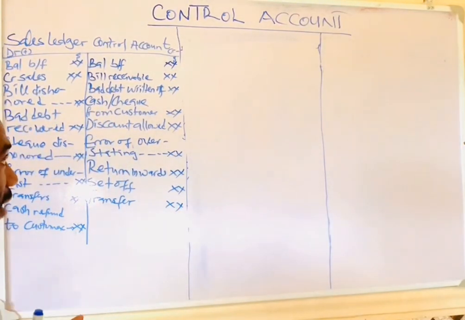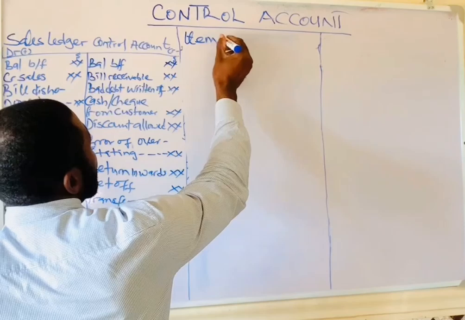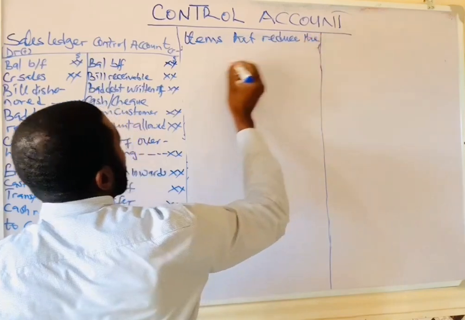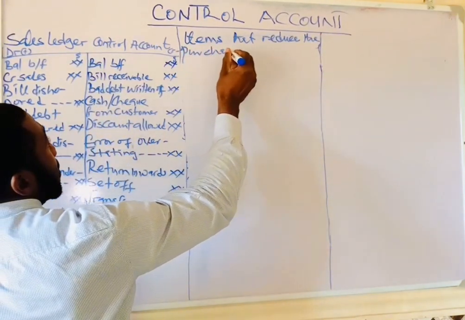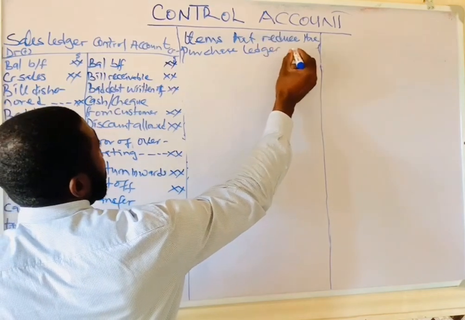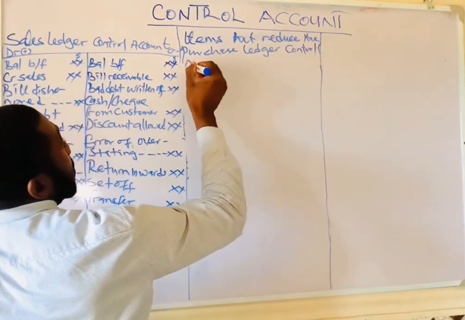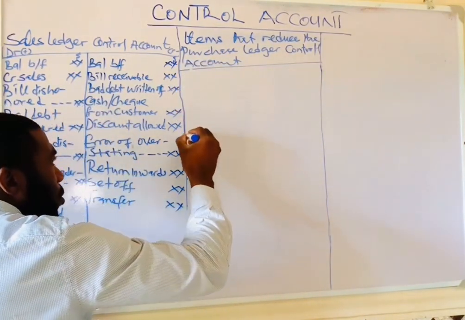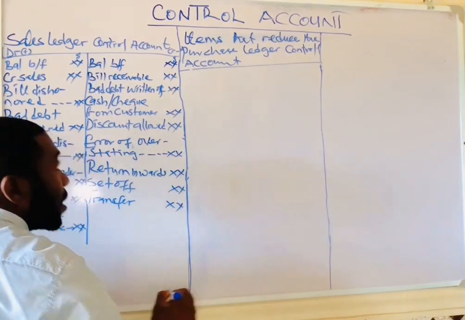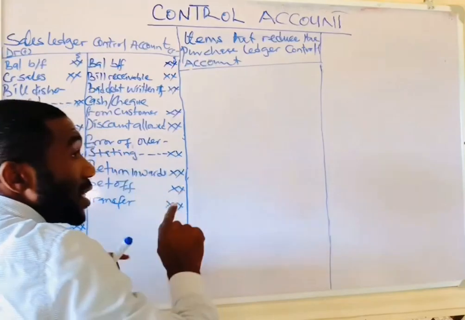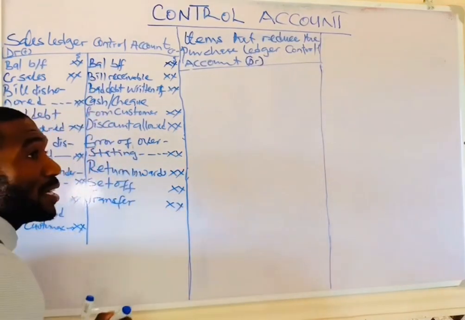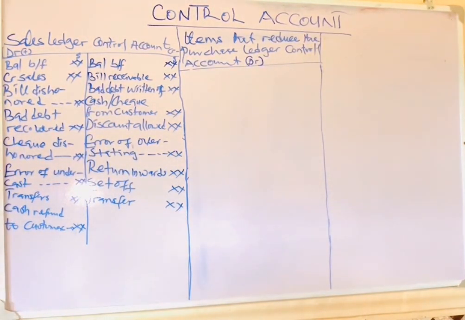So the items that reduce the purchase ledger control account are items at the debit side, since purchase ledger in normal circumstances carries a credit balance, not a debit balance.